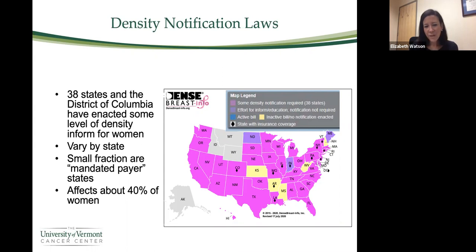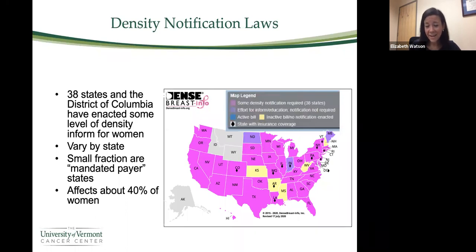The level of notification varies from state to state. Sometimes you get a letter saying this is your breast density, and other times you'll get a letter saying this is your breast density and maybe consider getting an ultrasound. That verbiage is going to change based on the state.